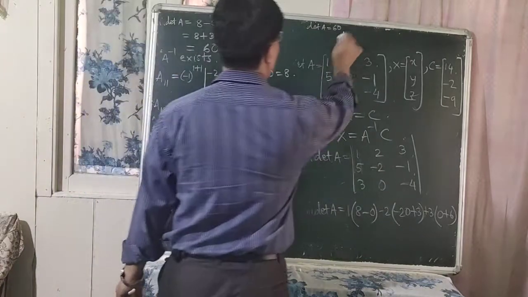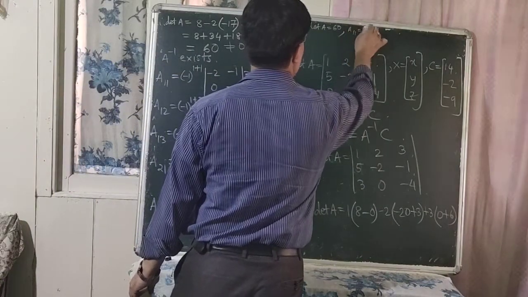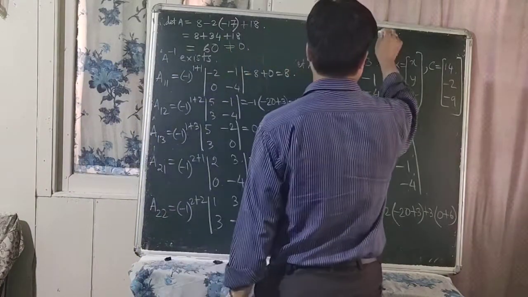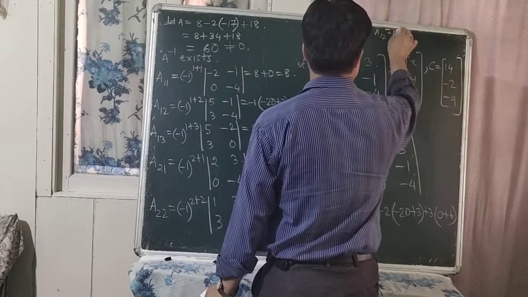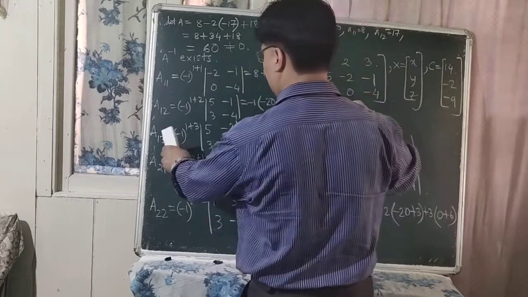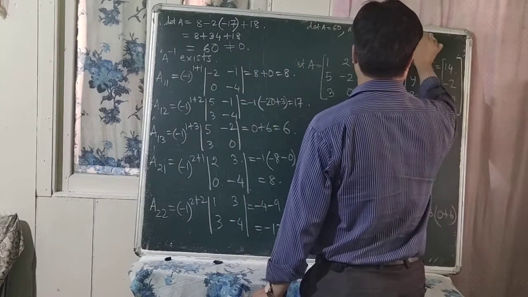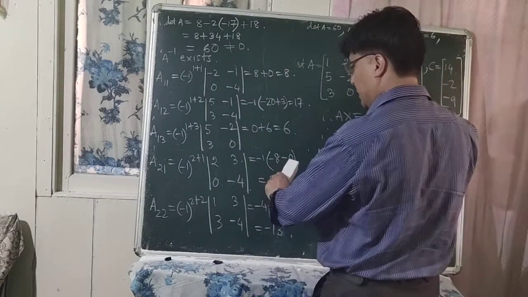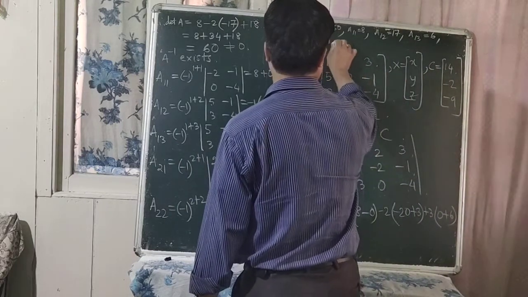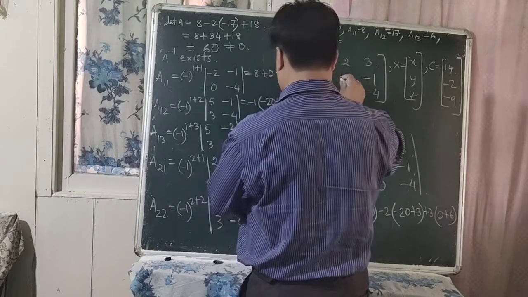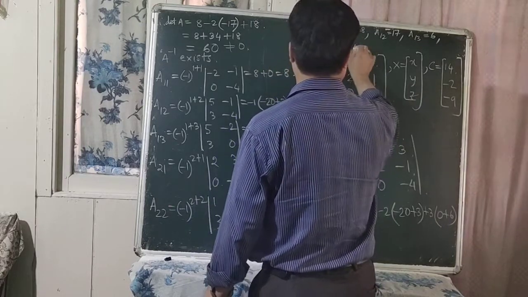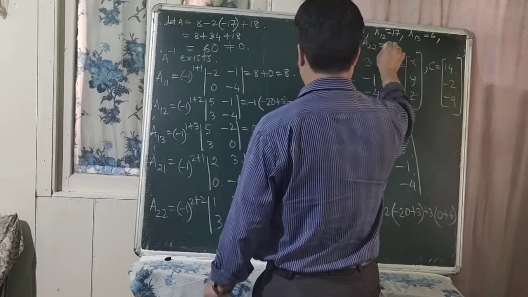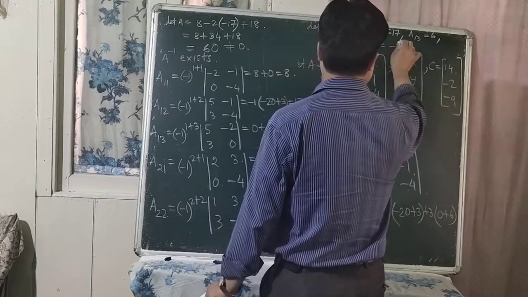What is A11? A11 is 8. What is A12? A12 is 17. A13 is 6. A21 is what? A21 is 8. And A22 is minus 13.